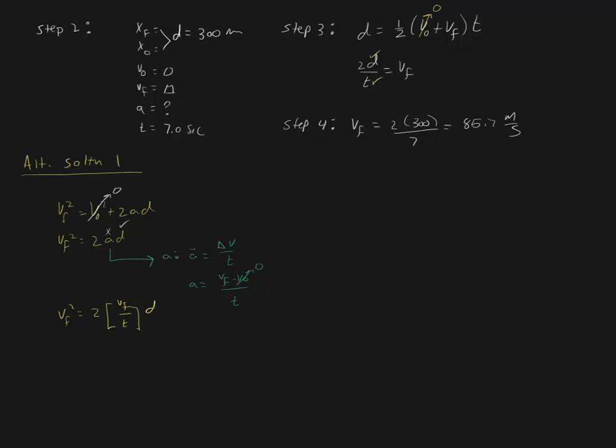All right, now notice that this v final cancels with one of these v finals, leaving us with v final is equal to 2d over t. And that's exactly the same thing we had in our first attempt right here. V final was equal to 2d over t. So we did that one correctly.